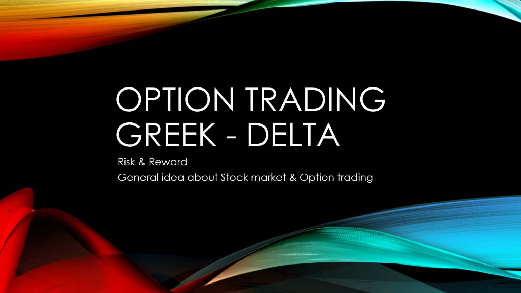What is option Greek and how is this affecting option premiums? You already know what an option premium is. The option premium is always changing. The main factor that decides the price or the value of the premium is the underlying asset.